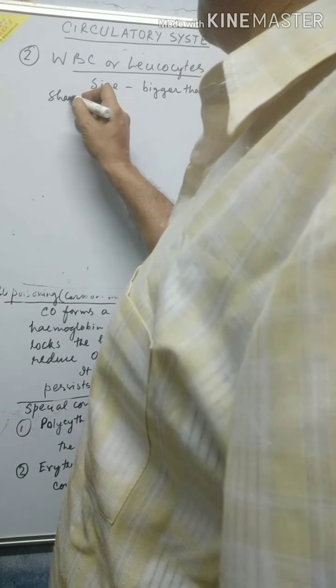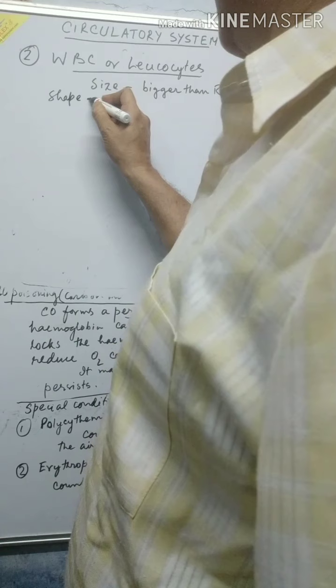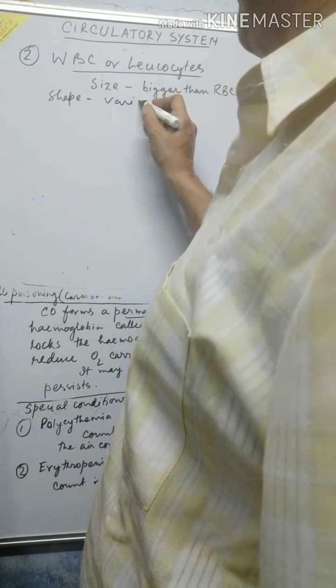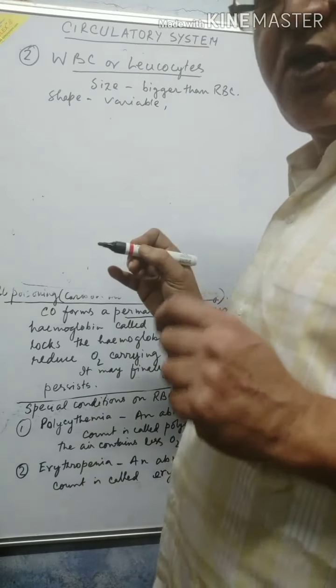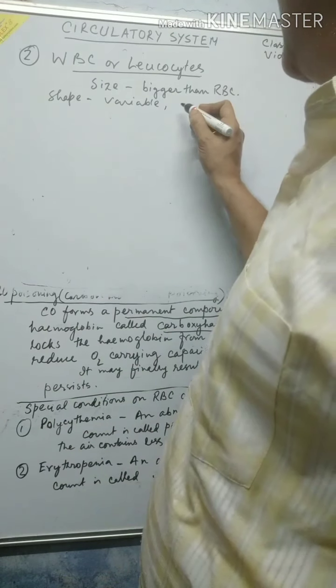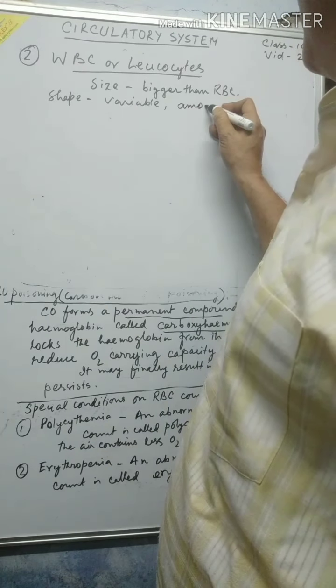Shape: variable, and we usually call the shape of WBC as amoeboid.